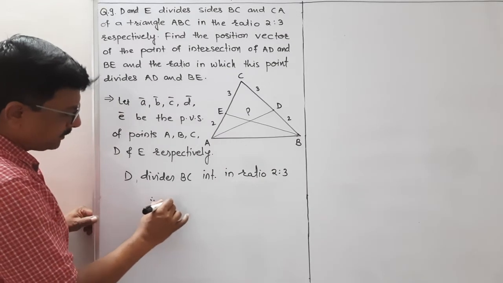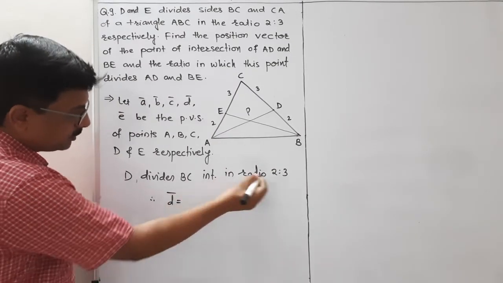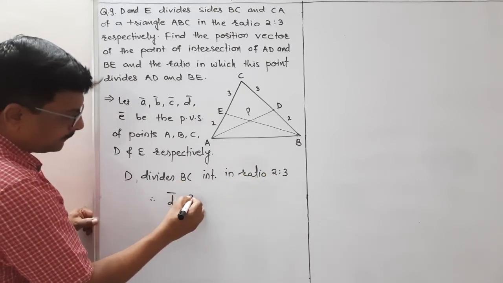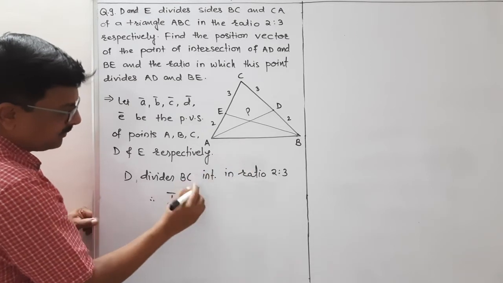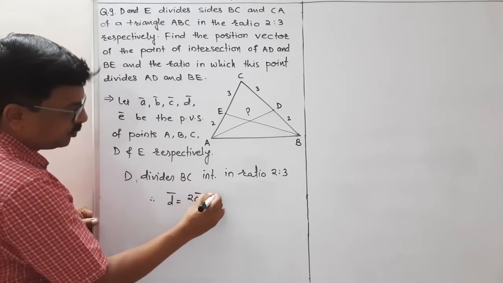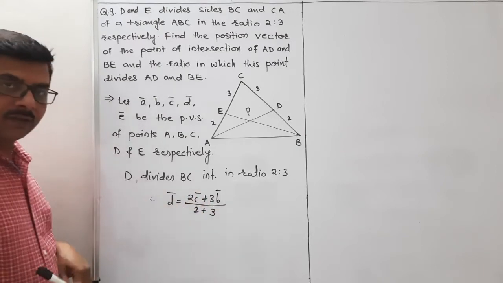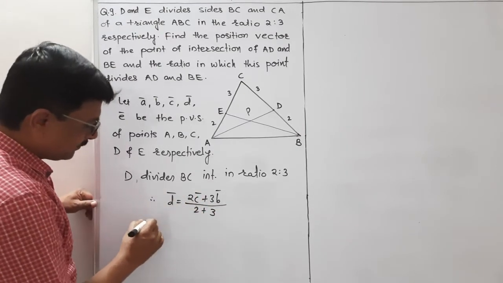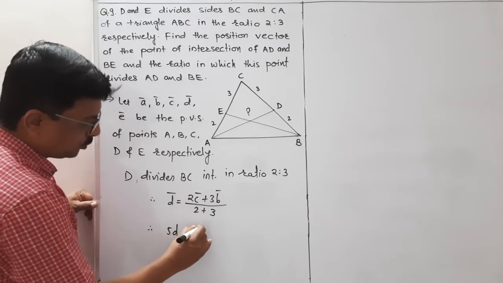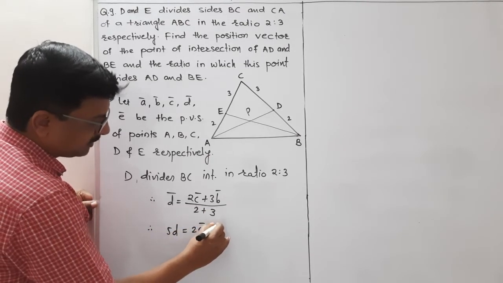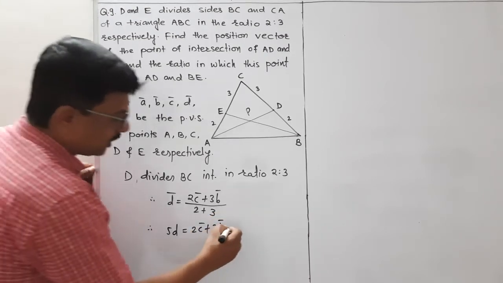Therefore we have D vector is equal to 2 into C vector plus 3 into B vector divided by 2 plus 3. Means we can say that 5D vector is nothing but equal to 2C vector plus 3B vector. Got it? We'll call it as first.